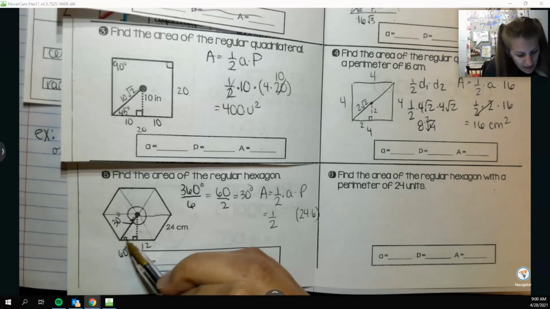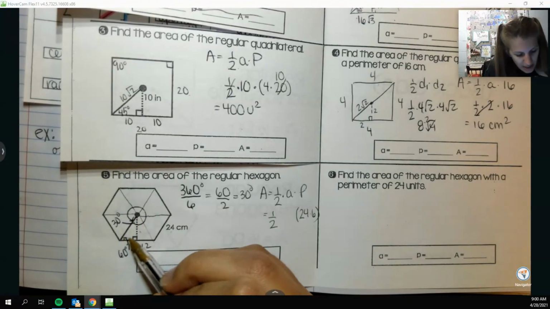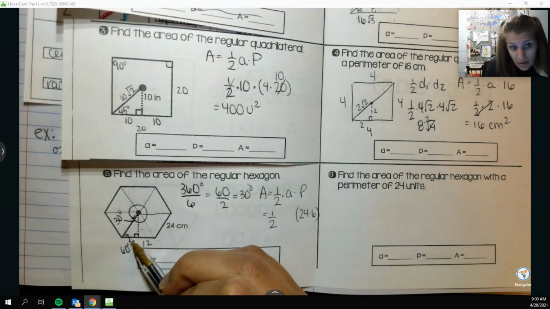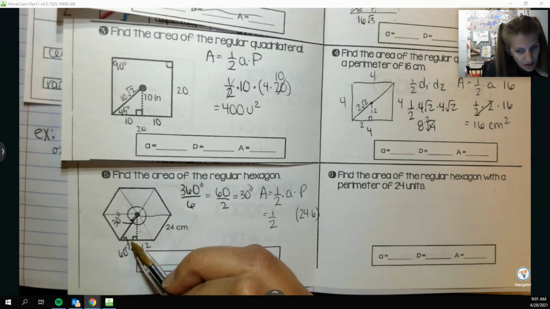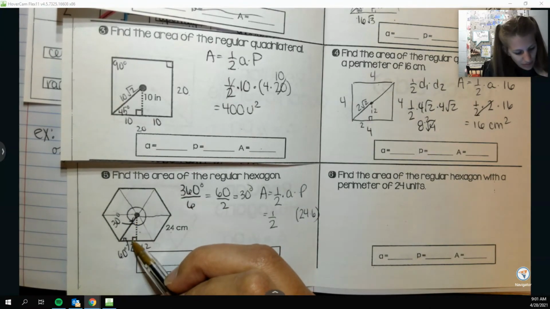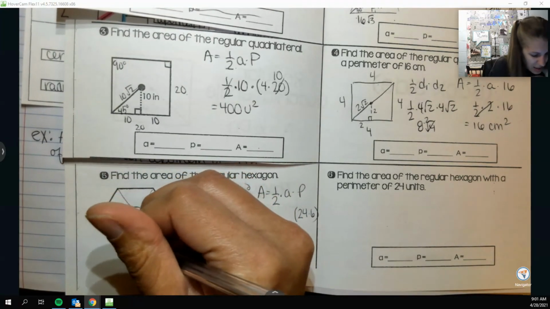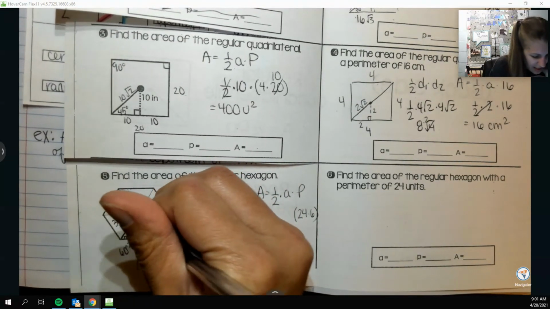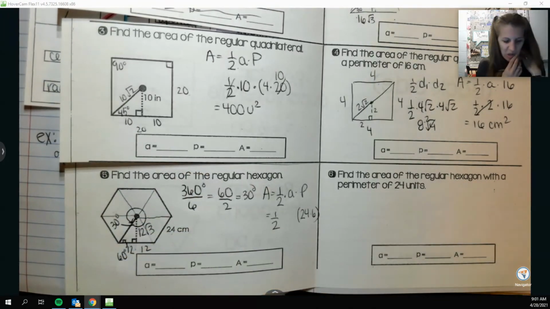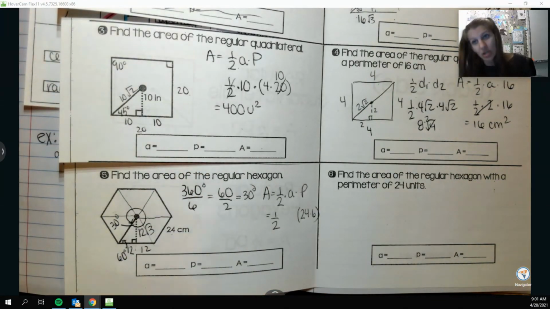So I know that on my 30, 60, 90 triangle right here, I have a side length of 12, which is across from the 30, your shorter side. And then the side across from 60 is root 3 times this much. So 12 root 3, which is your apothem.